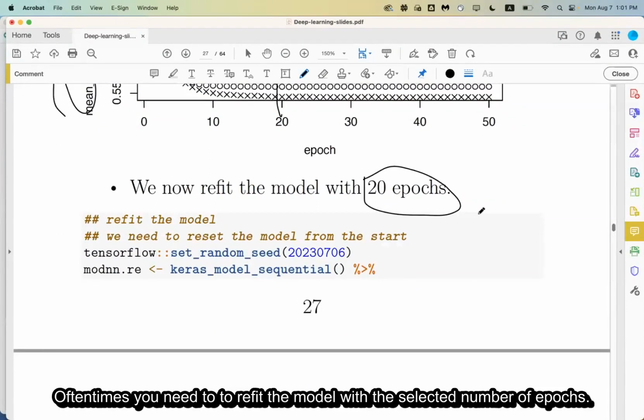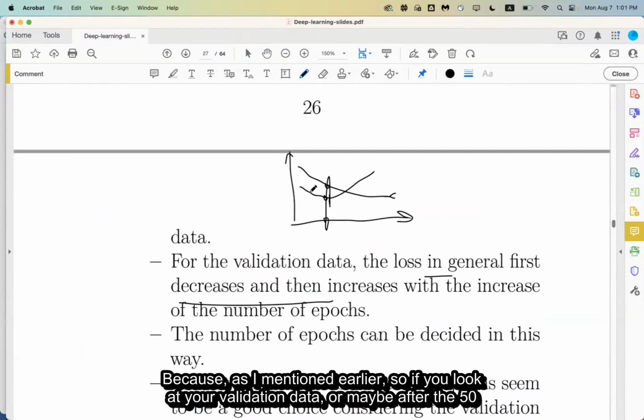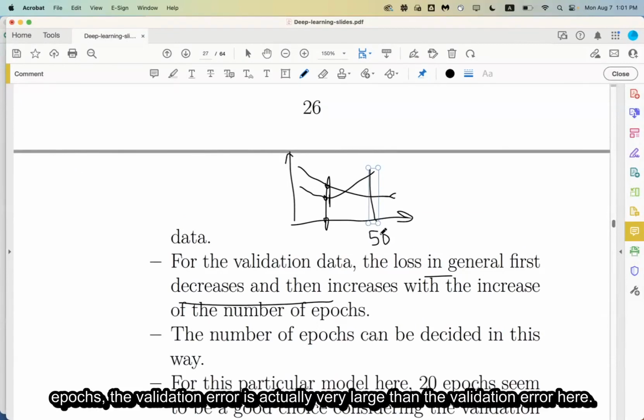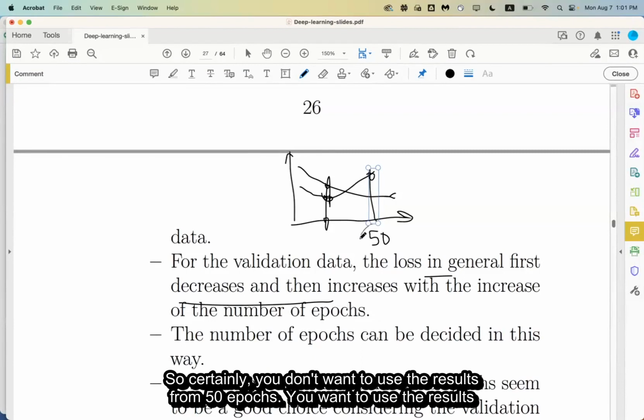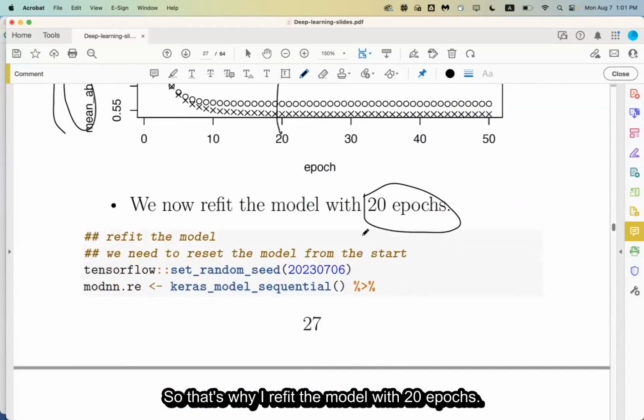Oftentimes, you need to refit the model with a selected number of epochs because, as I mentioned earlier, if you look at your validation data, maybe after 50 epochs the validation error is actually much larger than the validation error here. So certainly you don't want to use the results from 50 epochs. You want to use the results from the 20 epochs only. So that's why I refit the model with 20 epochs.